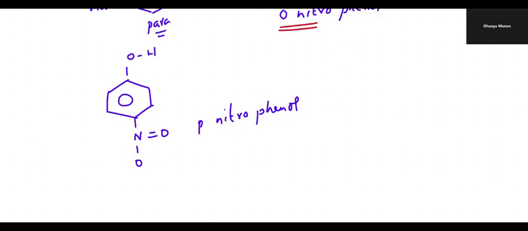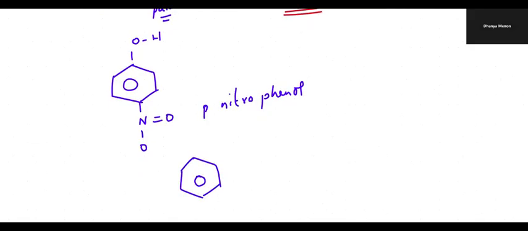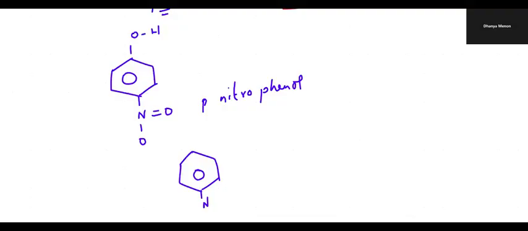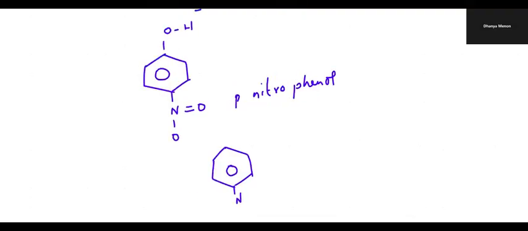I bring about another para nitrophenol. N double bond O, single bond O. This is OH. Here there are two molecules of para nitrophenol. So there can be a bond formed between this oxygen and hydrogen.